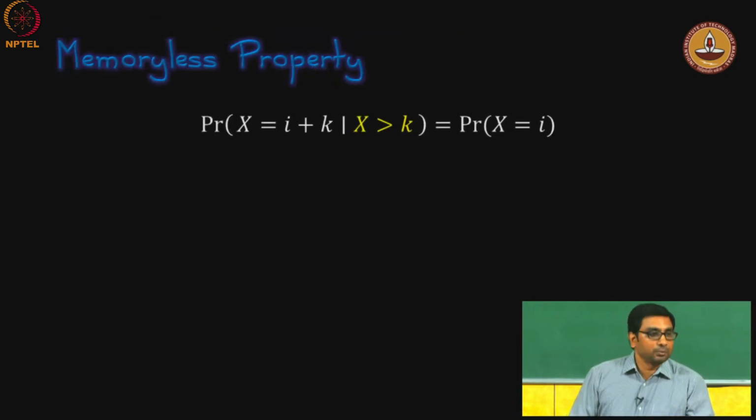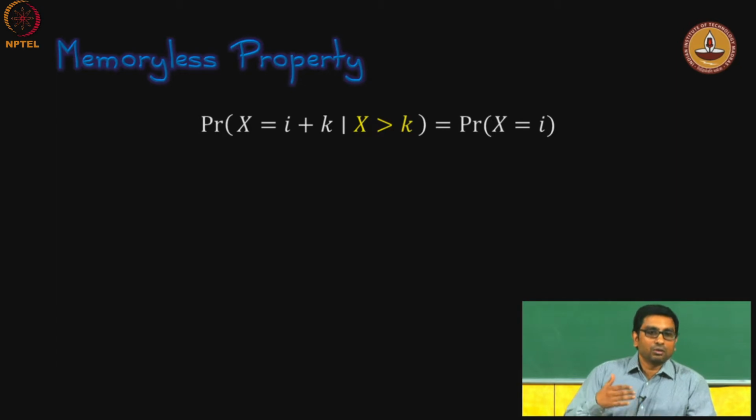Then comes the very important property, the memoryless property. This is a very crucial property. Sometimes it can be a little unintuitive, and what this means is, let's go back to the tossing of coins way of looking at this distribution.